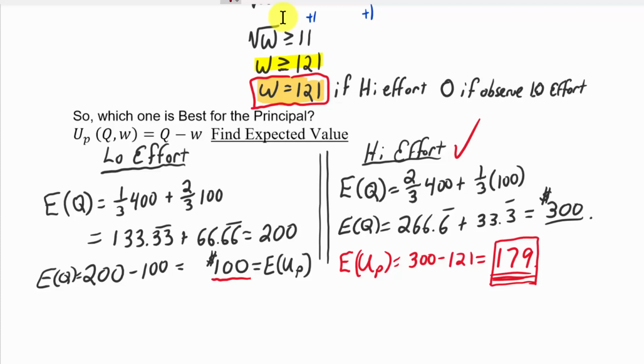So this is the solution to the problem when all of the actions are observable. We want this person to provide high effort. We're going to pay them 121, and we, the principal, should end up with a profit of 179 in the long run. In this particular case, it's uncertain, but we're risk neutral, so we're not worried about that.